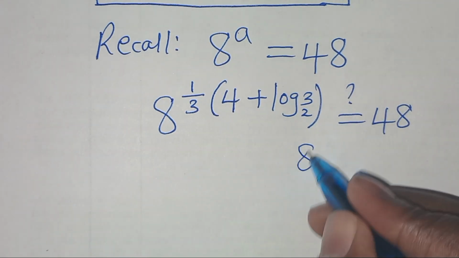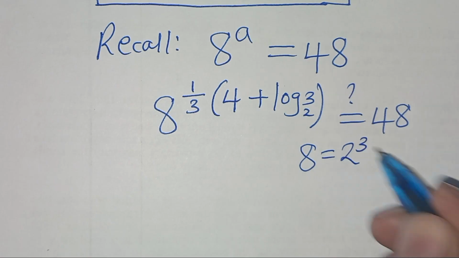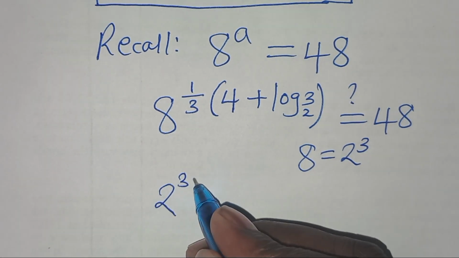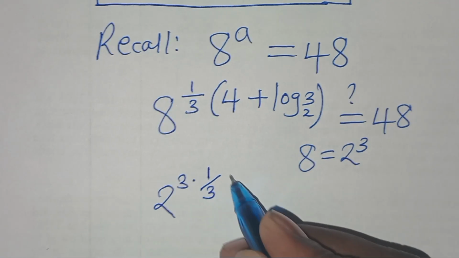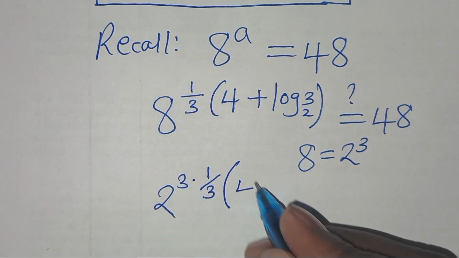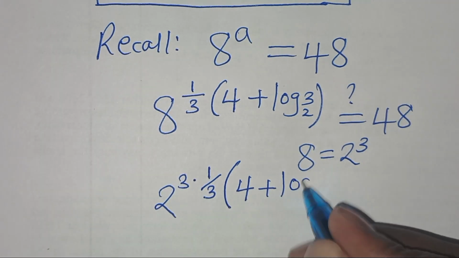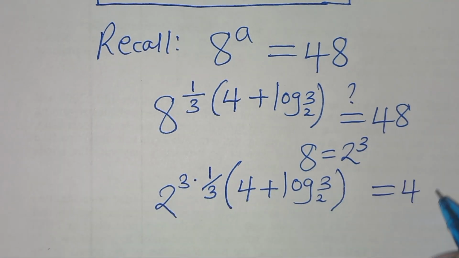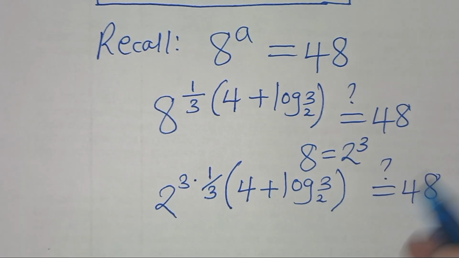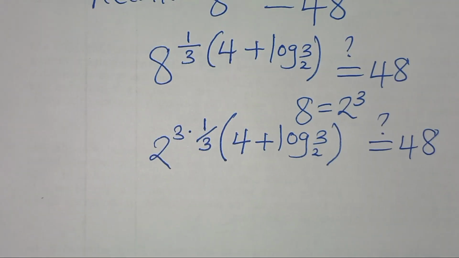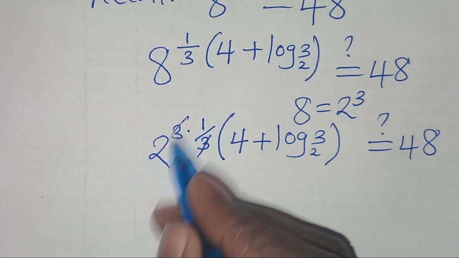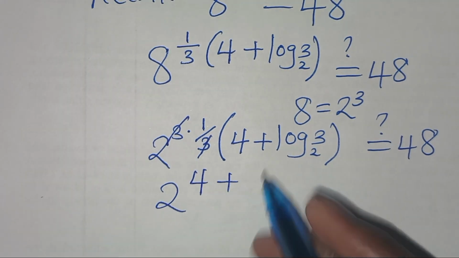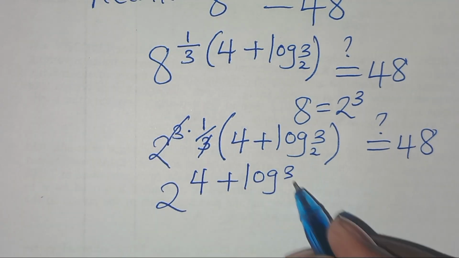We can express 8 as 2 to the power 3. Let's substitute this. So this is the same thing as 2 to the power 3 times 1 over 3 into the parentheses 4 plus log 3 to base 2. This is supposed to give us a value of 48. Let's check if this is true. So 3 and 3 simplify so that we have 2 to the power 4 plus log 3 to base 2.